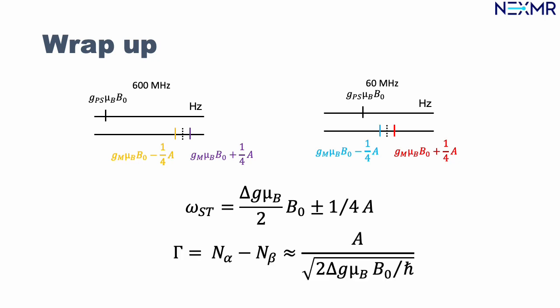So we can approximate this relationship with a very simple equation where the polarization, gamma, or the difference between the number of spin states alpha and beta, can be estimated by the ratio of the hyperfine coupling over the square root of the difference between the G factors times the magnetic field. So you see that when you reduce the magnetic field, you will have an increased yield in polarization, as we could see in this video.